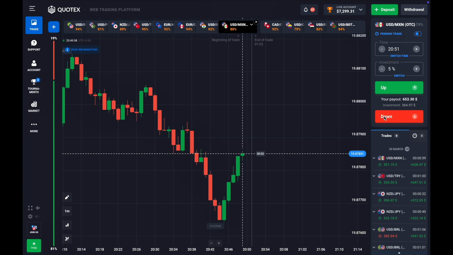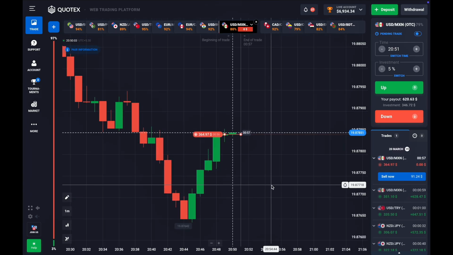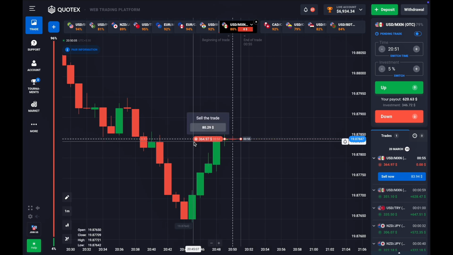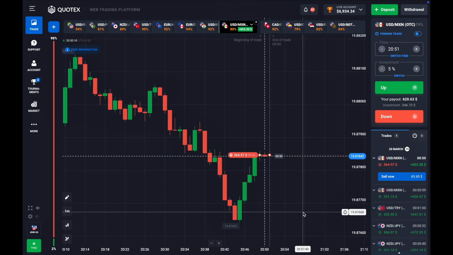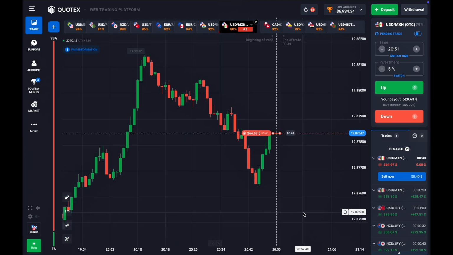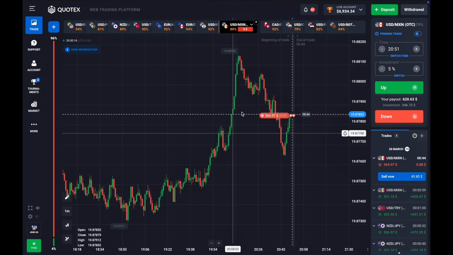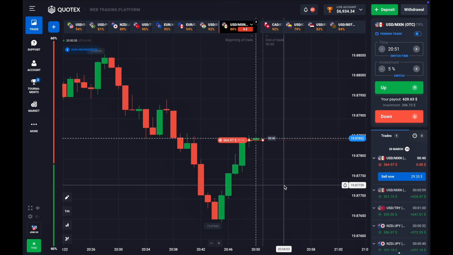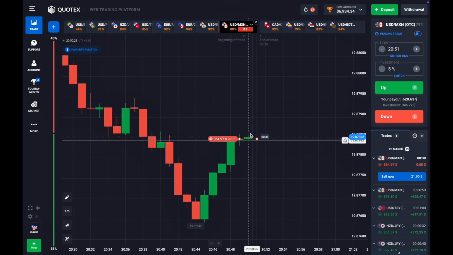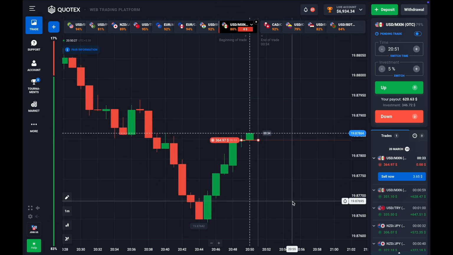Okay, perfect. This is a weak green candle, and here I have placed a reversal trade directly at the opening of the candle, and this is going to be a 100% sure shot trade. I'm very sure about this trade. The OTC market really respects this theory which I have just explained. The target of the market is fulfilled, the major trend is an uptrend, but I have taken a counter trade.